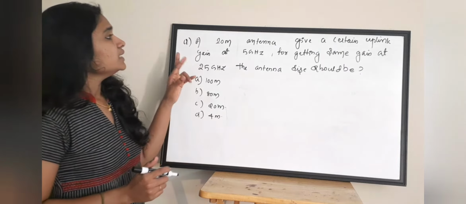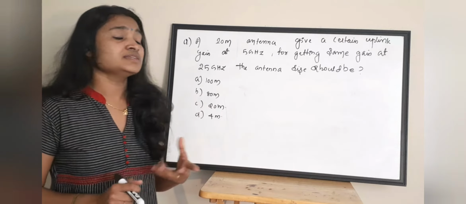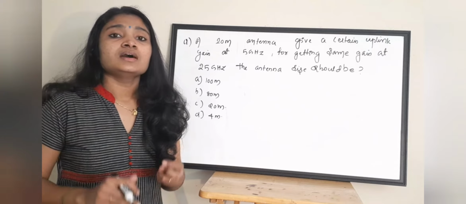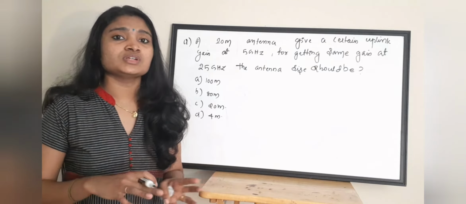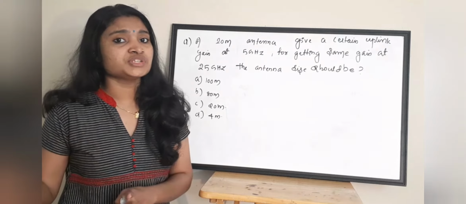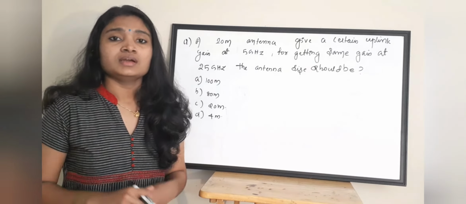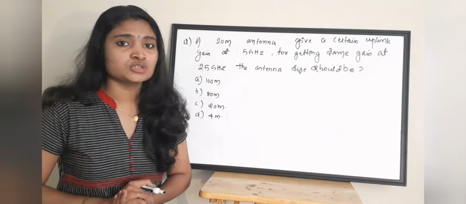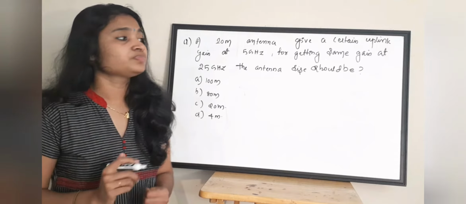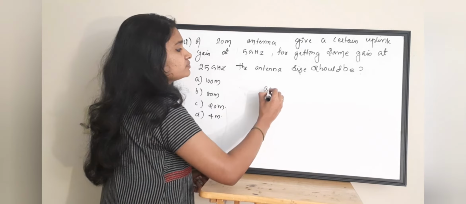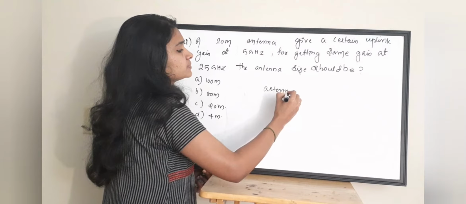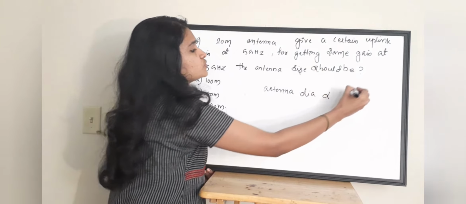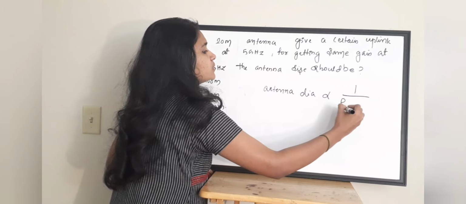Now, for answering this question, you should know one relationship. That is, the frequency is inversely proportional to the antenna diameter. That is, antenna diameter is proportional to 1 by frequency.